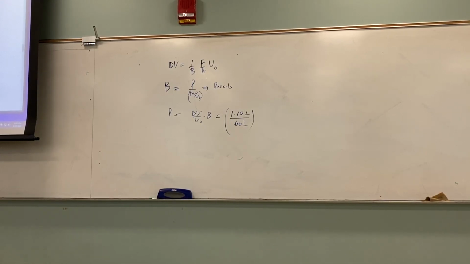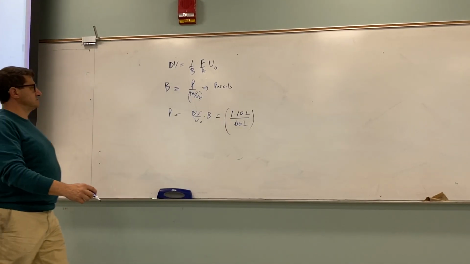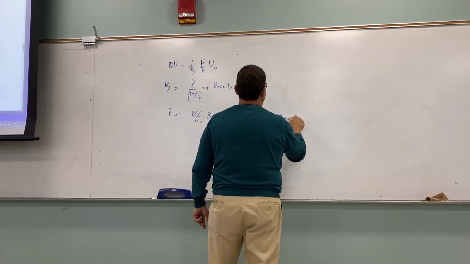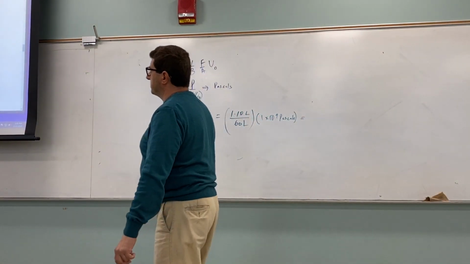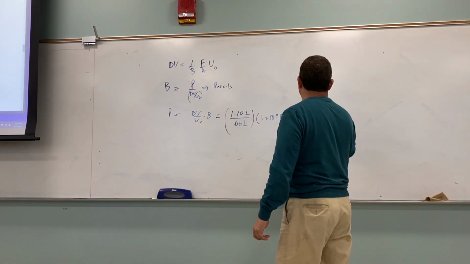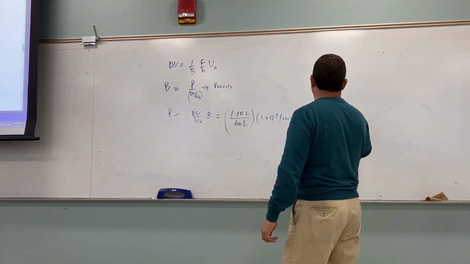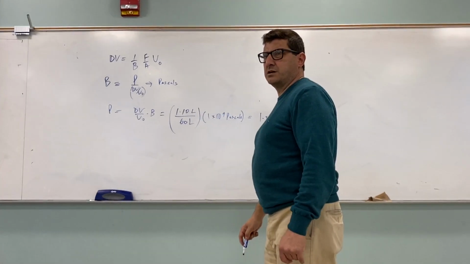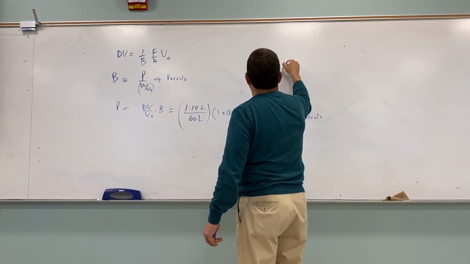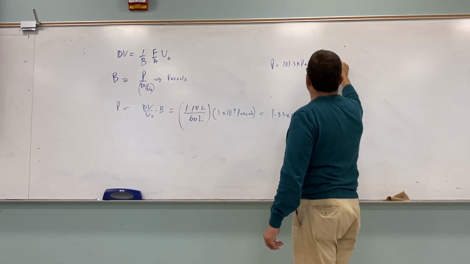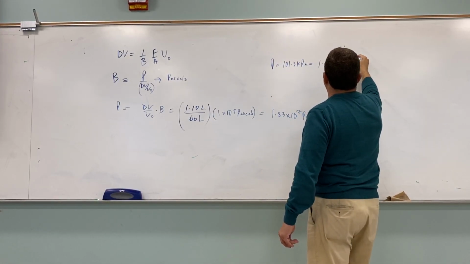So then we're using the bulk modulus, 1 times 10 to the 9th pascals. And then you get here 1.83 times 10 to the 7th pascals. Well, that's a lot of pressure you're creating in there. Atmospheric pressure is what? 101.3 kilopascals, which is 1.013 times 10 to the 5th pascals.